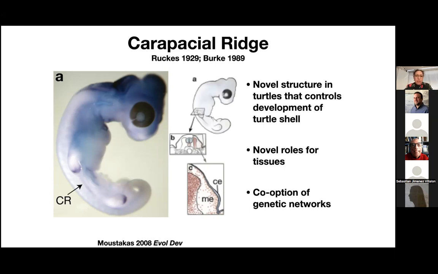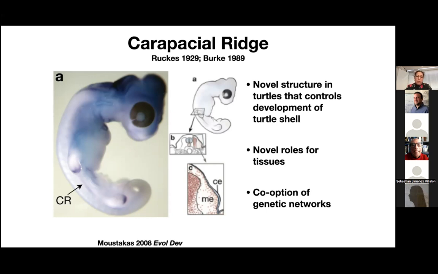So the first morphological indication that turtle shell development is occurring is the formation of the carapacial ridge. It's a lateral protrusion on the trunk of the turtle embryo, shown here. This is composed of a thickened epithelium overlaying mesenchyme.